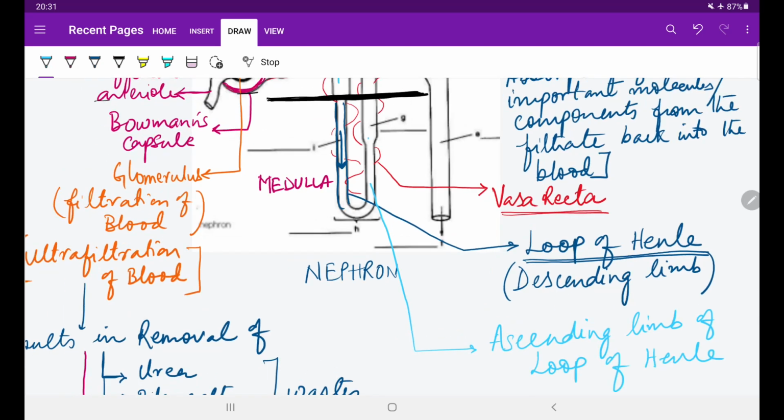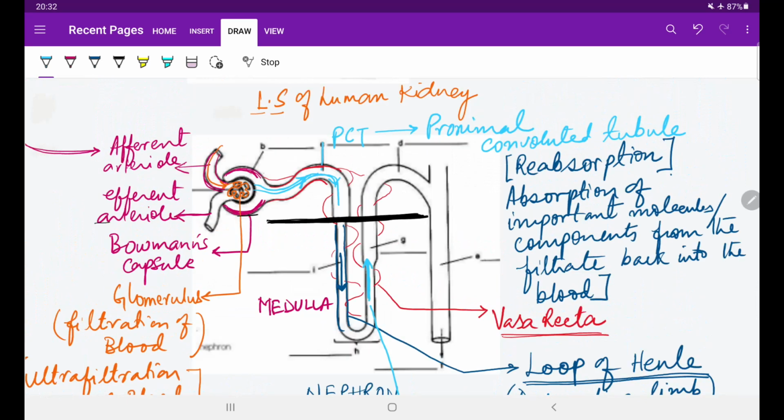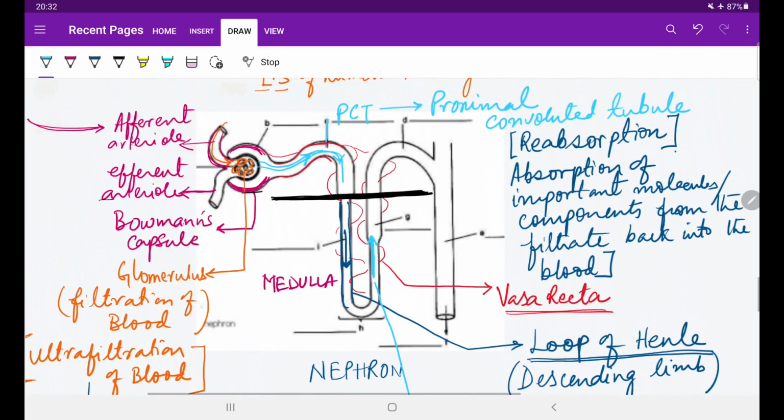In both these tubules which run down and up in the loop of Henle, the reabsorption rate increases many folds, and the filtrate which runs into these tubules gradually becomes concentrated.